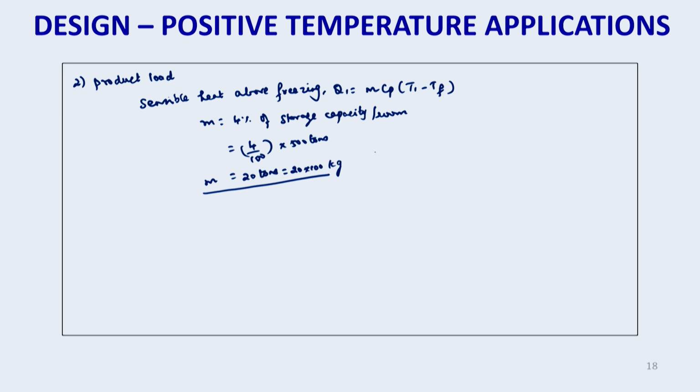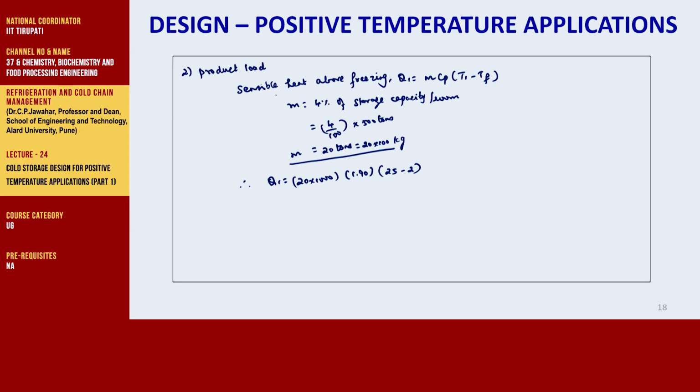So now let us calculate. Therefore, Q1 is equal to M, which is 20 into 1000, Cp is 1.90, and delta T, the cooling is from 25 degrees centigrade to 2 degrees centigrade. This is very important.